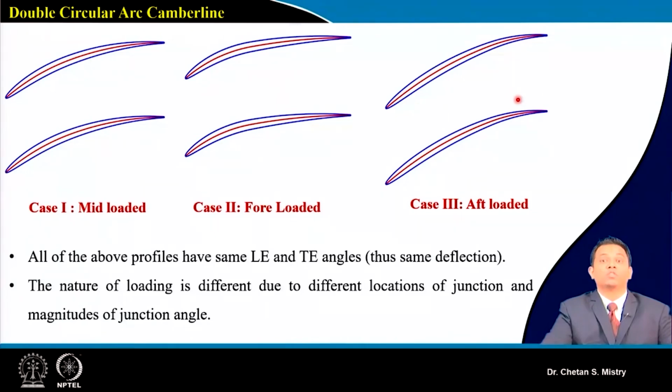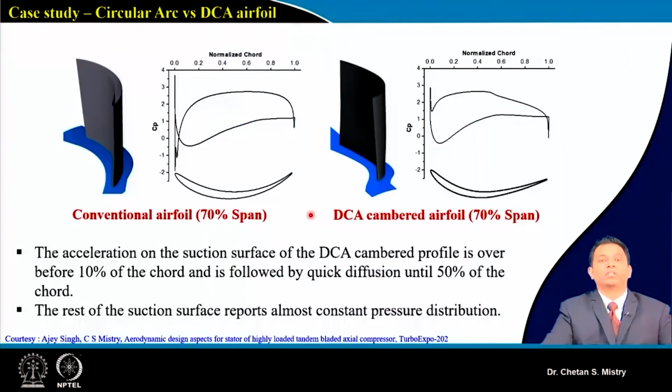So the sudden droop we were looking at for our parabolic arc camber line is now reduced. You have more control of the flow on your suction surface and more control of the flow on the pressure surface.